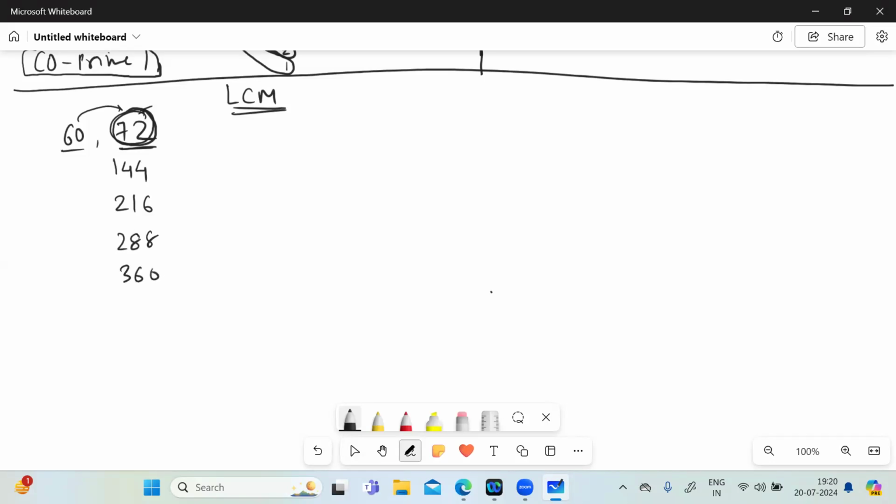And I'll keep on checking whether each is divisible by 60 or not. The moment I get a multiple of 72 which is also divisible by 60, this is my LCM. So this is one way to find LCM.